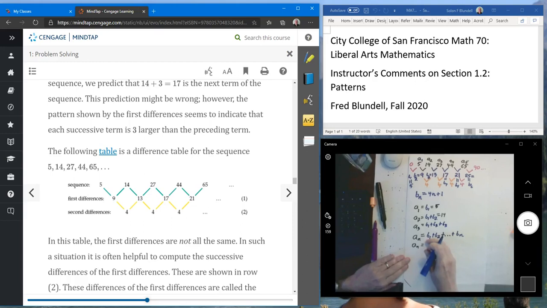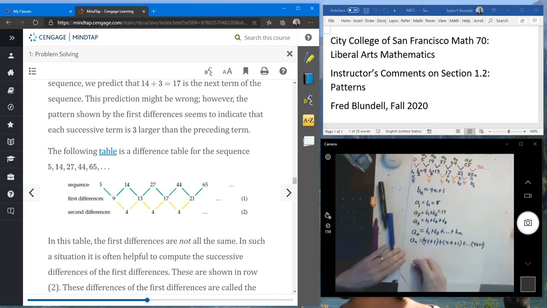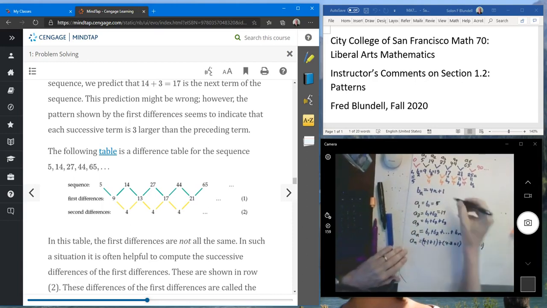See, B1 was 4 times 1 plus 1. And then B2 is 4 times 2 plus 1. And so it goes. Finally, you get out to the nth one. Bn was 4 times n plus 1. I'm just getting these from up here.